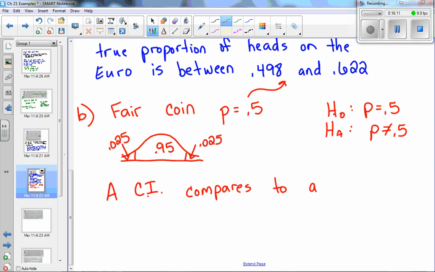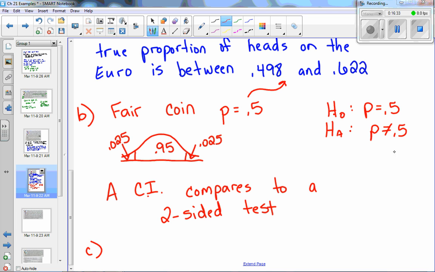Part C asks us, what is the significance level of this test? Our significance level would be the combined amount in both tails.